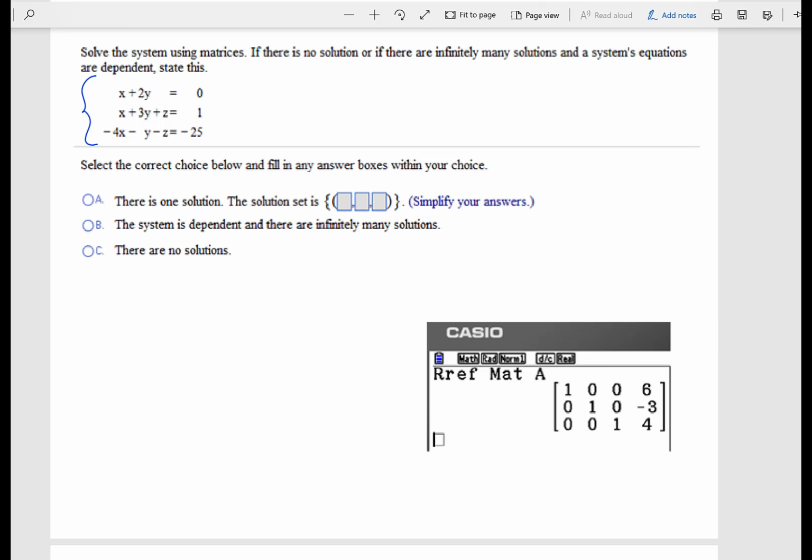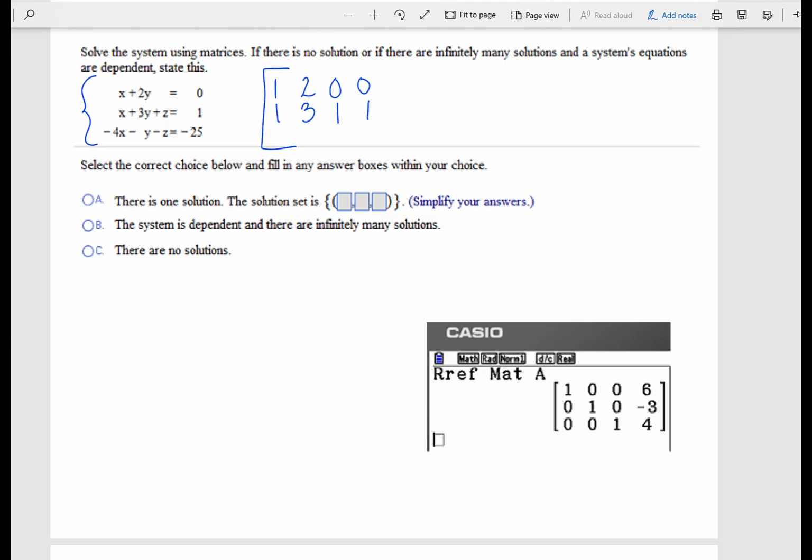So here's our system. As a matrix, it's 1x, 2y, 0z, because there's no z there, equals 0. Then in the second row, we have 1x plus 3y plus 1z equals positive 1.